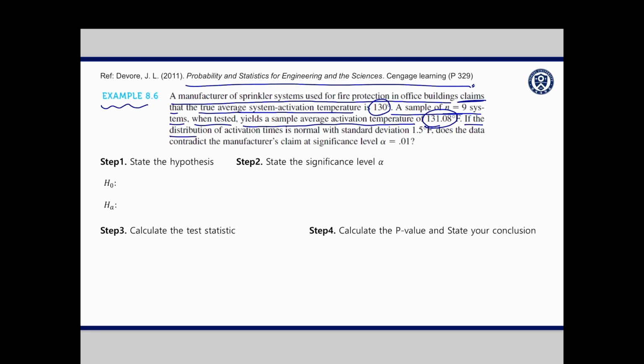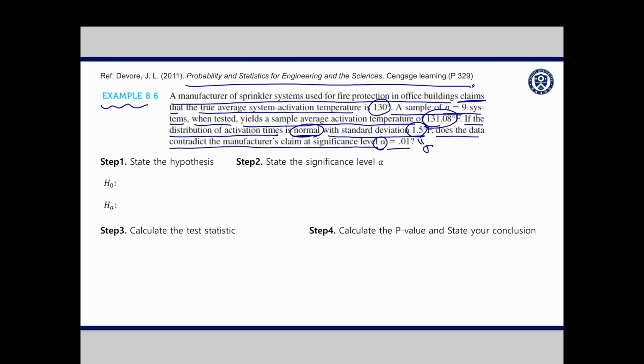If the distribution of activation time is normal with a standard deviation 1.5, that is the sigma, does the data contradict the manufacturer's claim at significance level alpha equals 0.01?